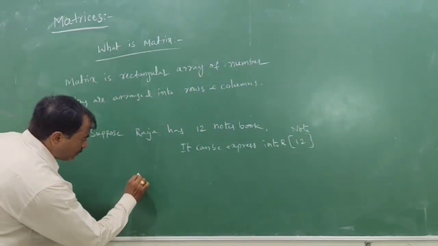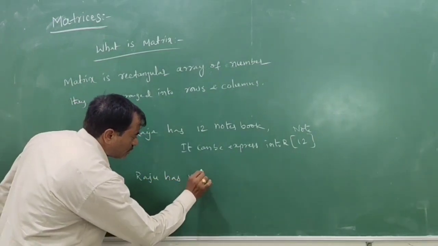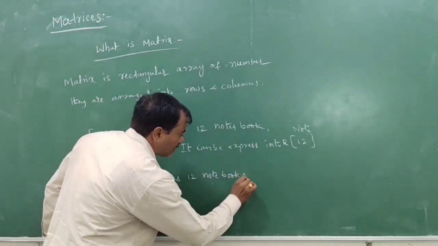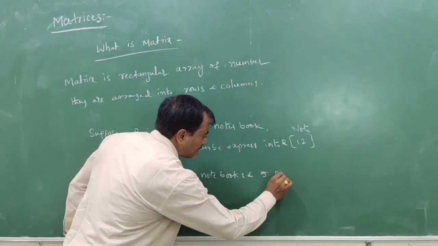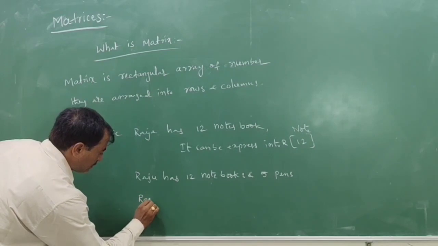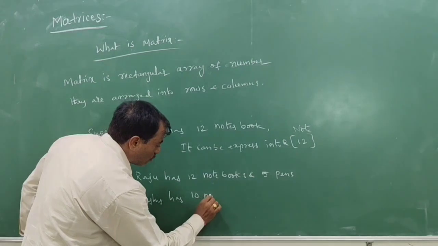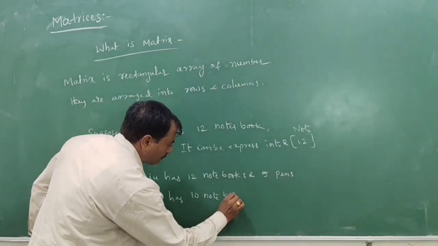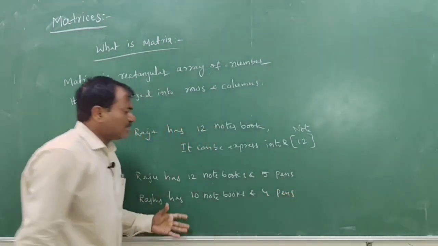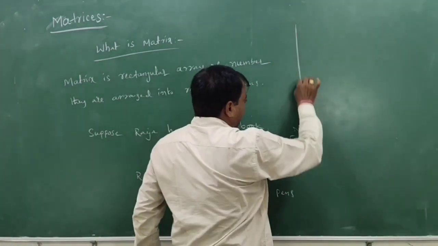We're taking one more example. Raju has 12 notebooks and 5 pens. We are taking one more student. Raghu has 10 notebooks and 4 pens. So this information can be arranged in one structure.